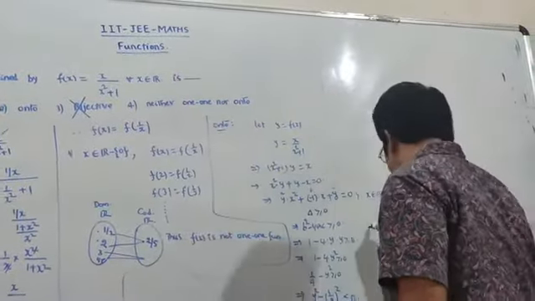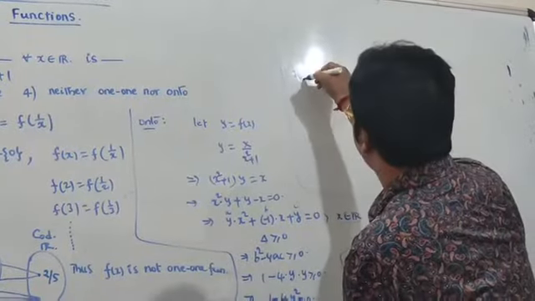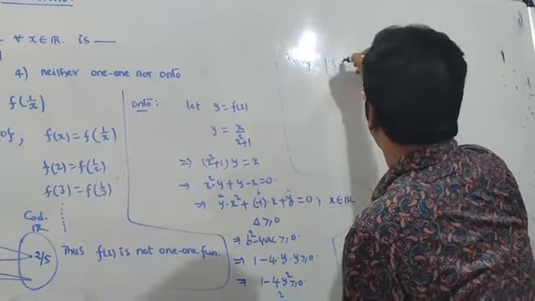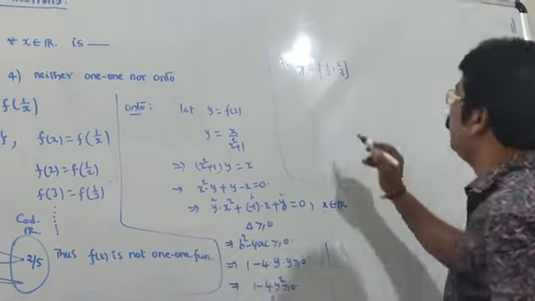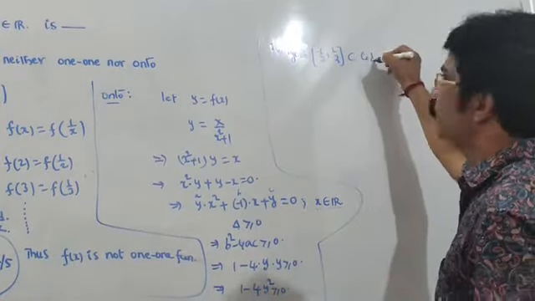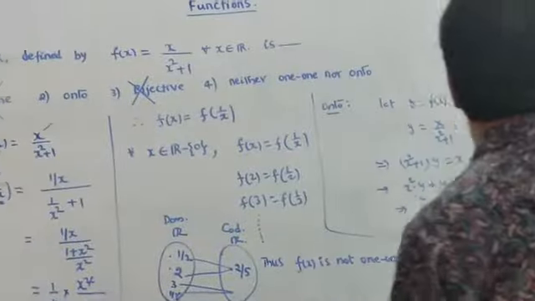Therefore, range is equal to the closed interval of minus 1 by 2 comma plus 1 by 2. But it is a subset of the codomain. Codomain is capital R here.